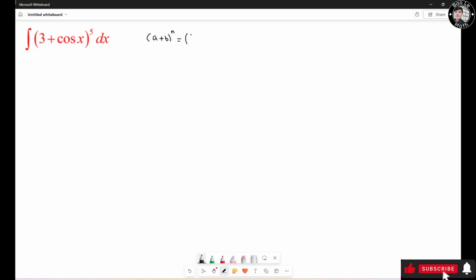It's going to be combination of 0 and n times a to the n, plus combination of 1 and n times a to the n minus 1 times b, plus combination of 2 and n times a to the n minus 2 times b squared, plus etc., plus the general term combination of k and n times a to the n minus k times b to the k, plus etc., plus the last term combination of n and n times b to the n. So I'm going to use this binomial theorem to expand this one.